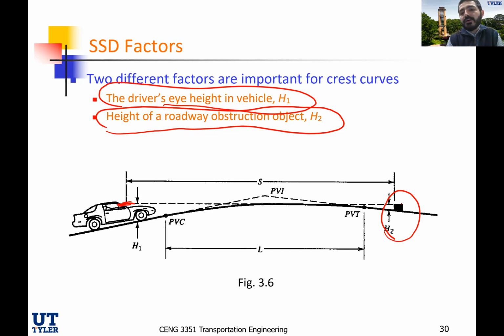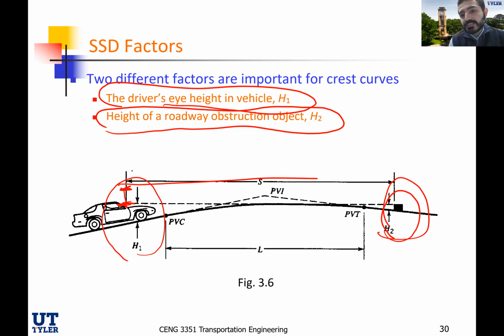So it all depends on H2 and also H1. How high is the eye of the driver? We design those roadways based on actually a very low profile car. Because think about it, if you're driving a truck, the height of the eye of the driver is way higher, which means instead of here, it's going to be here.